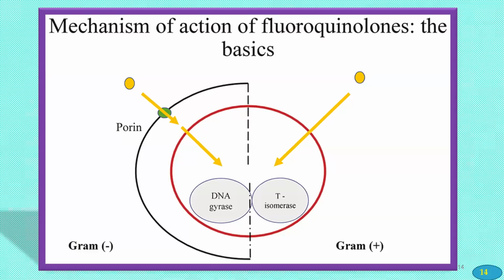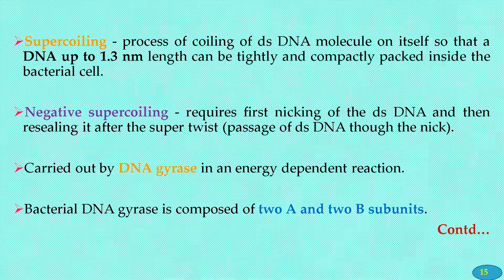The DNA gyrase is affected in gram-negative bacteria, whereas the topoisomerase enzyme is affected in gram-positive bacteria. So what is supercoiling? It is the process of supercoiling of the DNA molecule on itself, so that DNA up to 1.3 nanometer length can be tightly and compactly packed inside the bacterial cell.